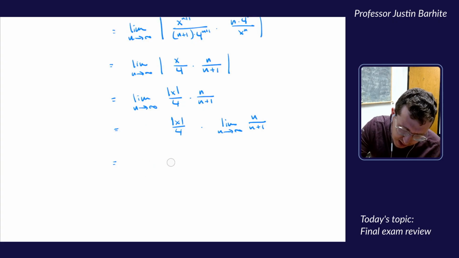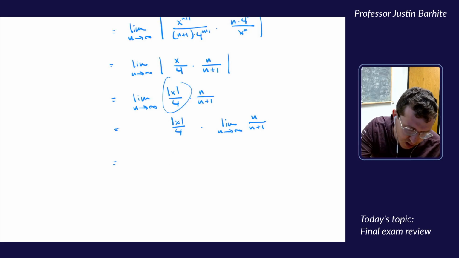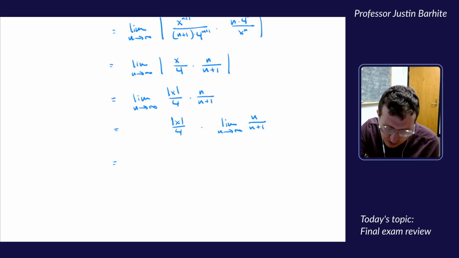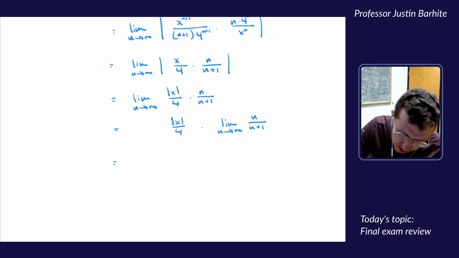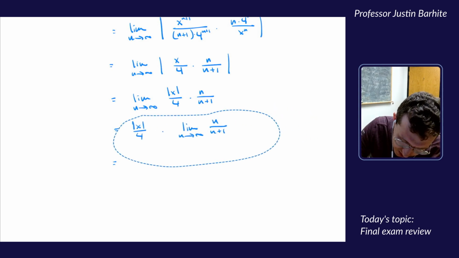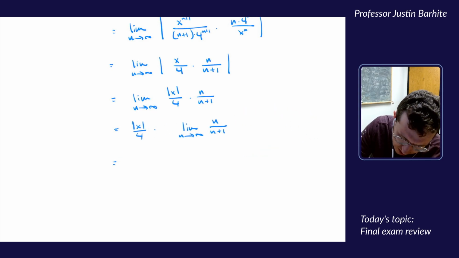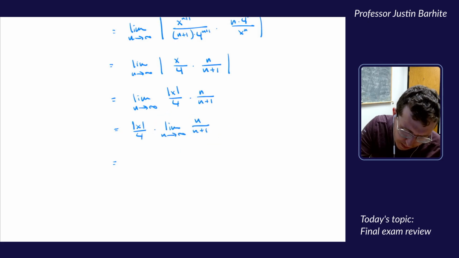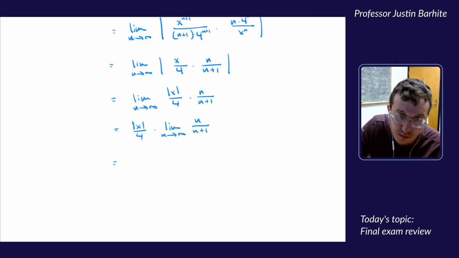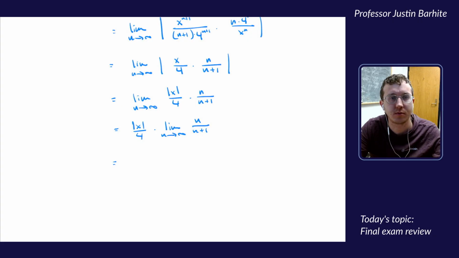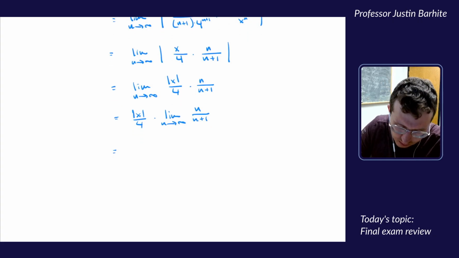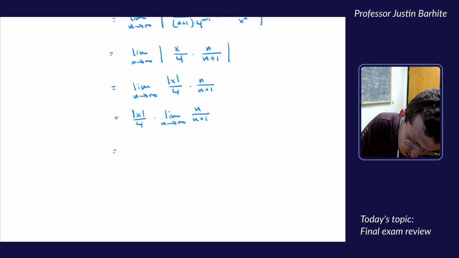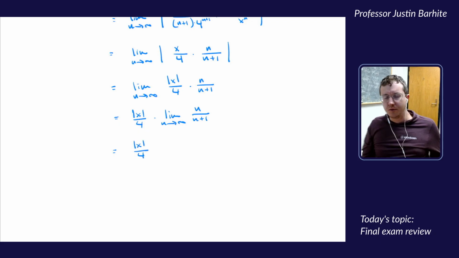This absolute value of x over 4 doesn't have an n in it. So as far as the limit is concerned, that's a constant. It just comes outside of the limit. So we get the absolute value of x over 4.